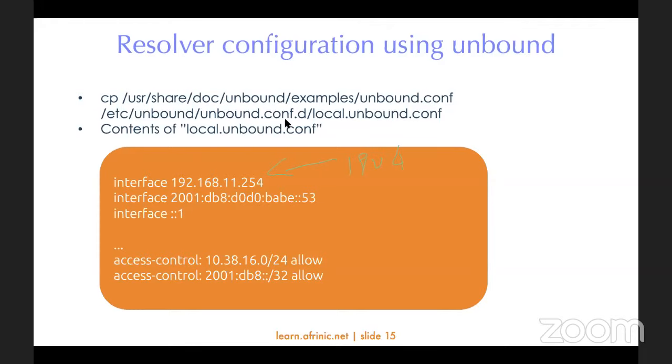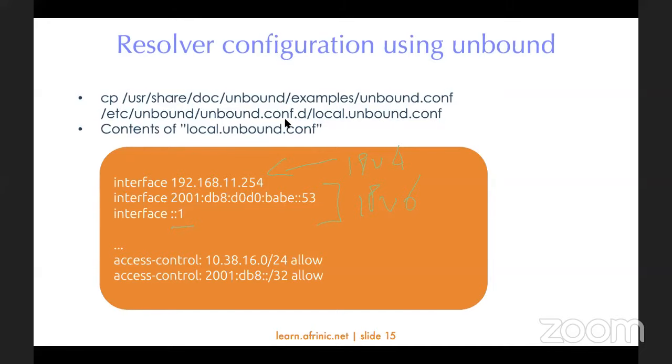And in this example, we have two in IPv6. We have localhost ::1, which enables your own server to also query itself over IPv6. And you have the other one which enables the network to query your resolver over IPv6.